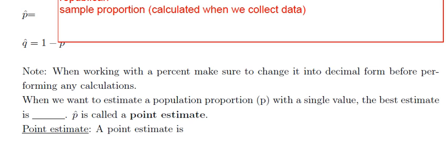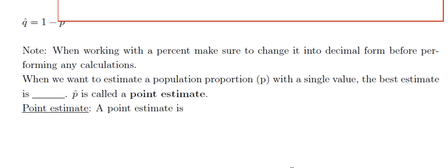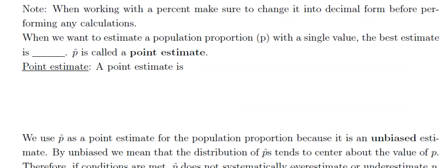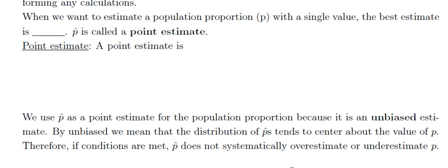One important note is that we always make our percentages into proportions when we're doing these calculations. And so we use p hat as the sample proportion. That's our estimate of the population proportion. And that estimate is called a point estimate. So p hat, the p with the caret over it, is a point estimate.